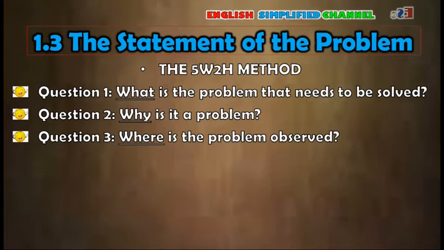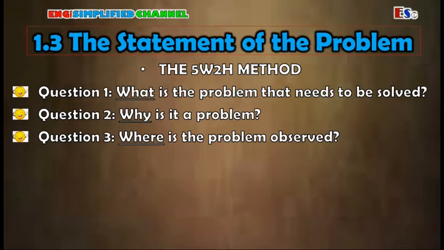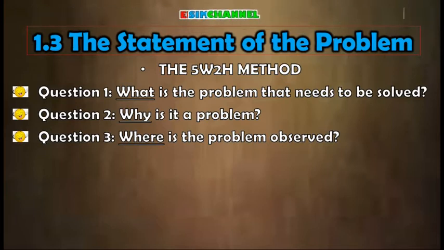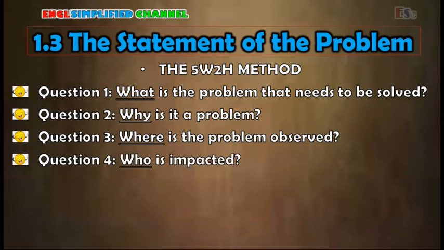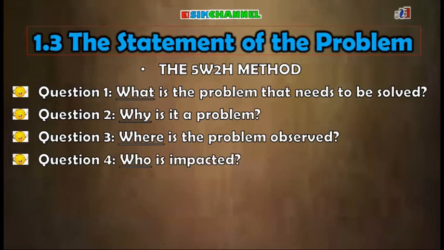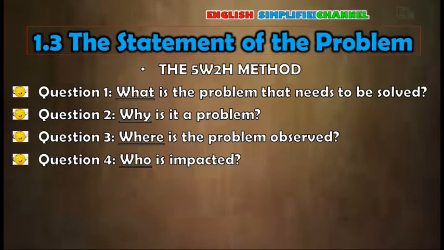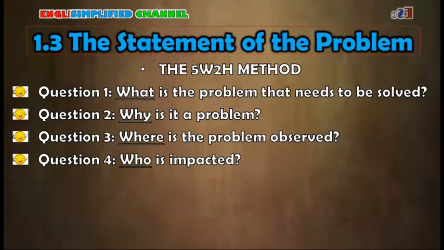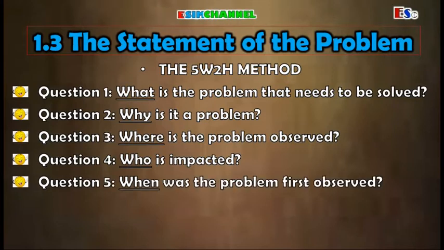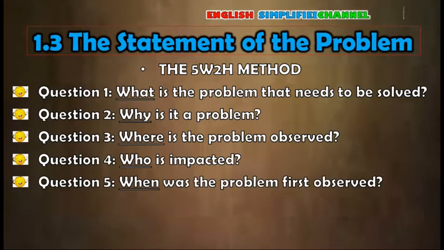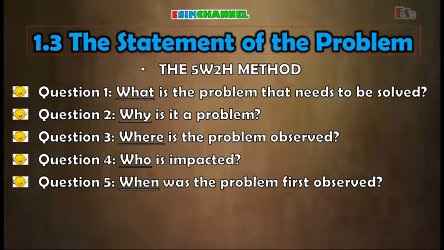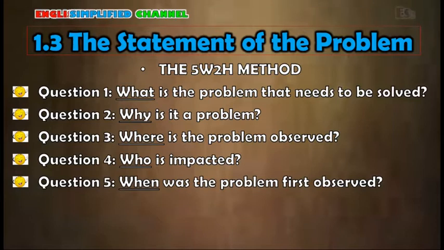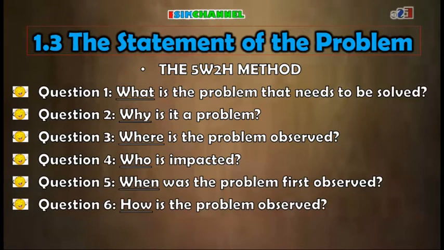So this relates to the sample or population of your research. And who is impacted? It means who will benefit from your research finding or your research result. When was the problem first observed? So in other words, how did you find out that it is a problem? And how is the problem observed?